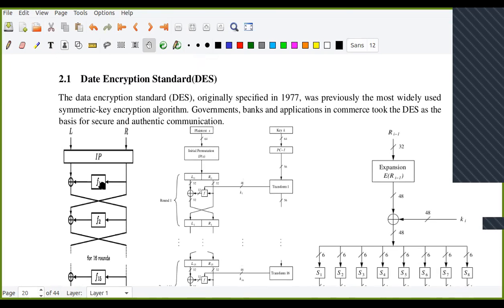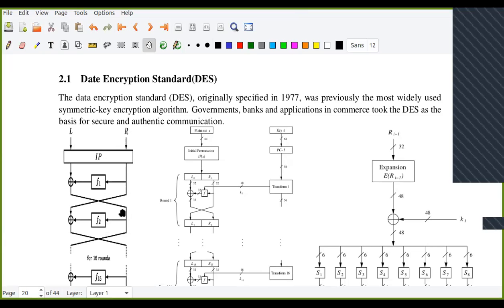For F1, what is the right part? R value, R0. That is the initial R0, of course after permuting the 32. But for F2, what is R1? R0 went to F1. For F2, R1 went. What is R1?